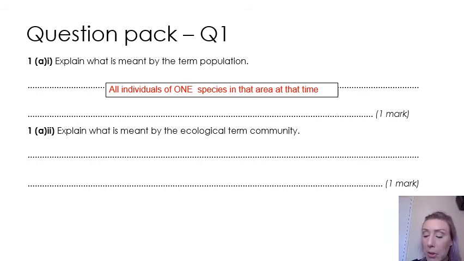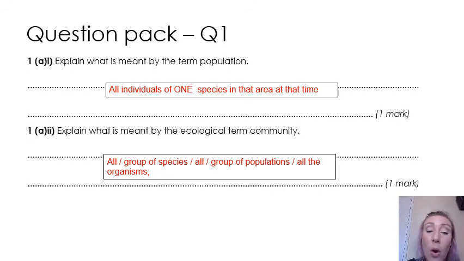What about community then? That's all the groups of species. Can you see the different ways the examiner lets people write this? It could be all the living organisms in that area, all the groups of species in that area, all the populations in that area, and of course that all means the same thing, so they have to credit it.